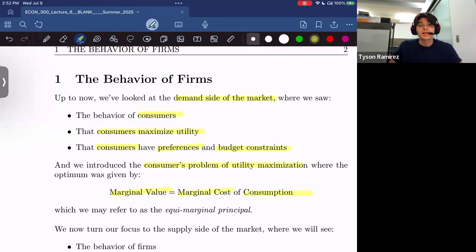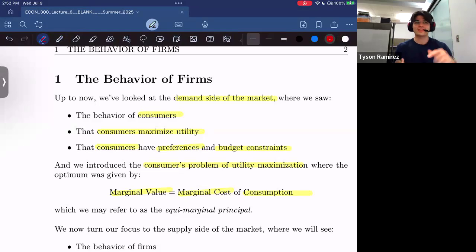The textbooks, at least Landsberg, refer to this as the equimarginal principle. This is pretty widely applicable, not just to these micro theory models, but to real life. At the margin, you should be indifferent between the two. If one gives you more benefit, then go do the thing that's giving more benefit. If one costs more, don't do that thing. This is the equimarginal principle.